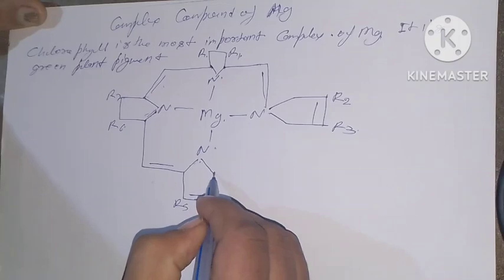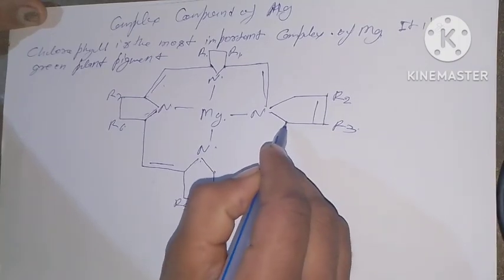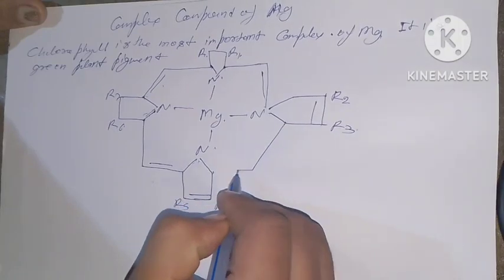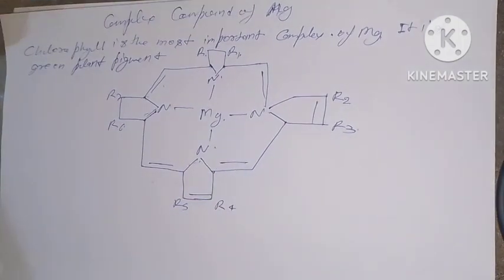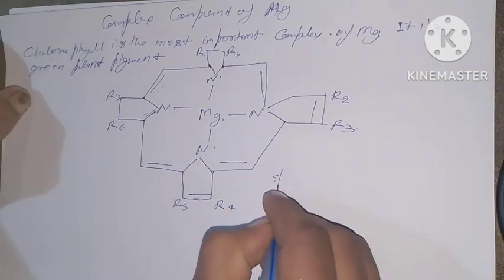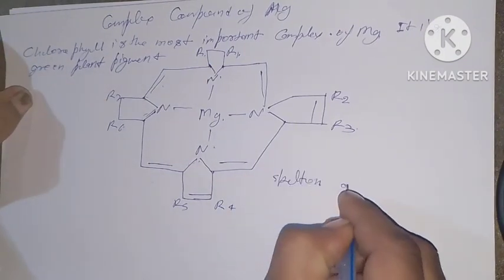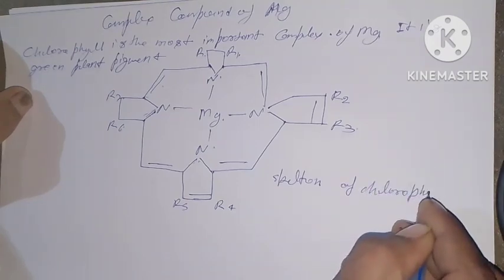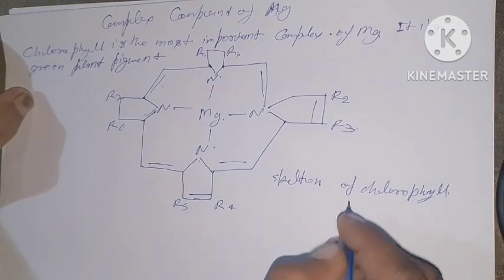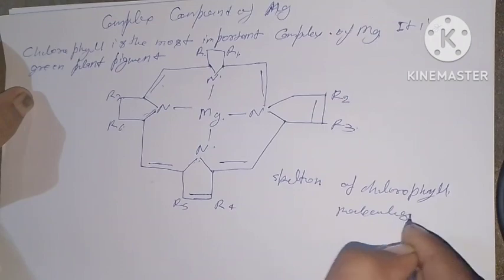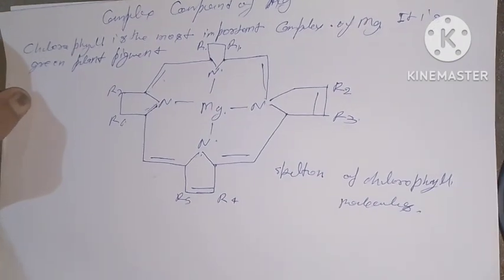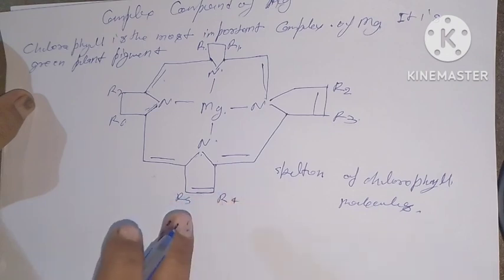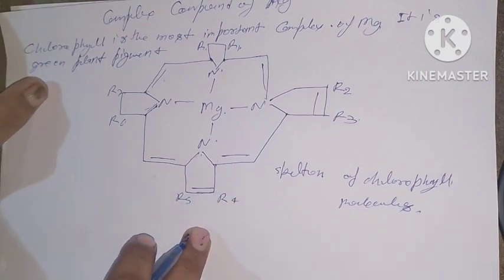This is the skeleton of the chlorophyll molecule. In this green plant pigment, magnesium is at the center of a flat organic ring system called porphyrin.